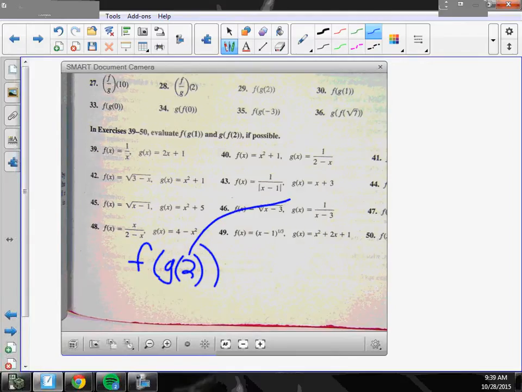If I plug 2 into g, I get 1 over 0, which is infinity, and it's also negative infinity, depending on which direction you travel from. It depends if our 0 is positive, then it's positive infinity. If our 0 is negative, then it's negative infinity, because the graph looks like this.